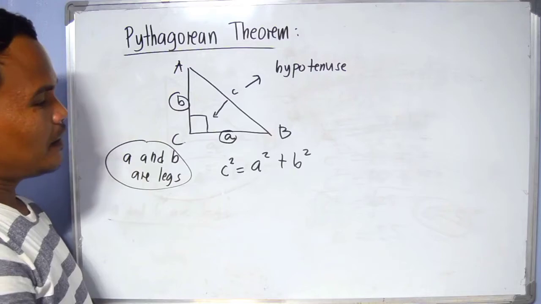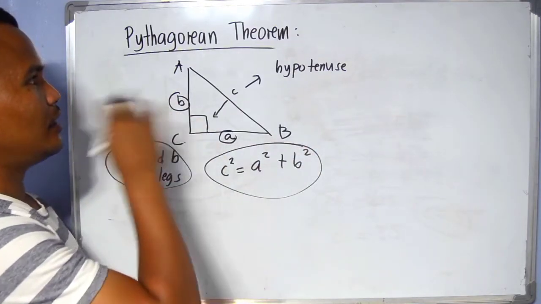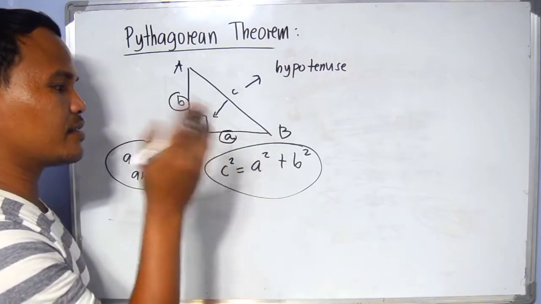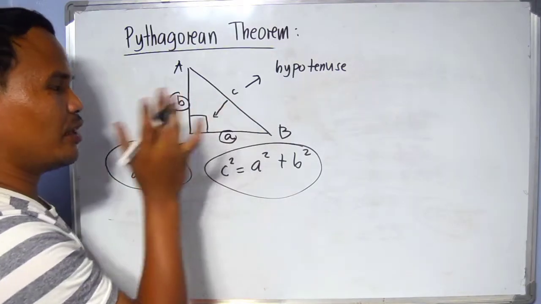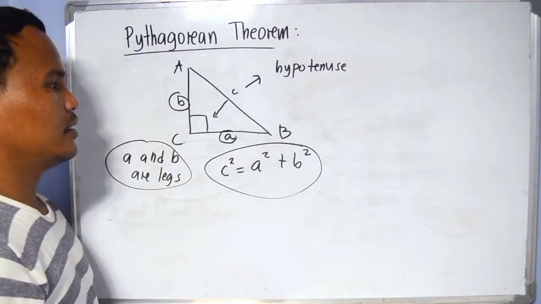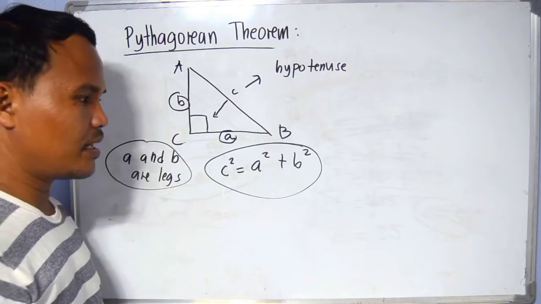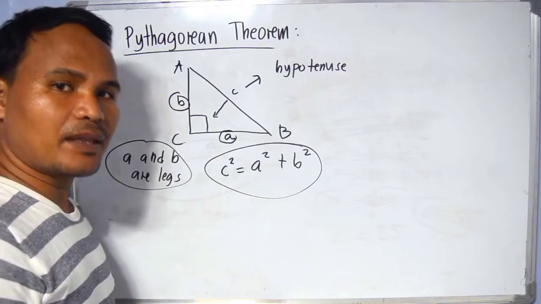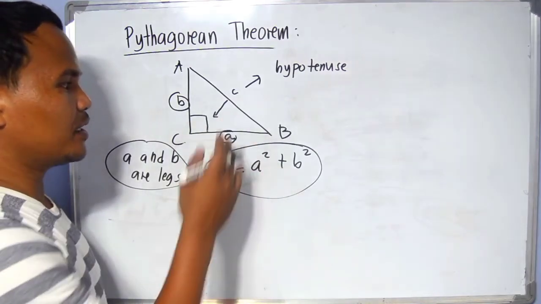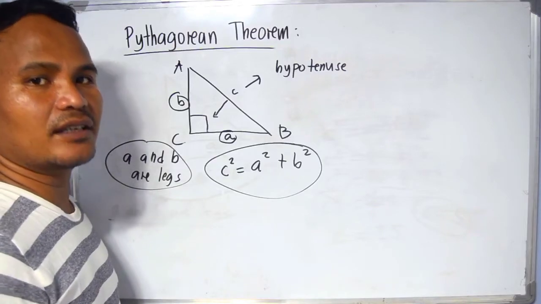Now again, this formula is only used if we are going to find the measure of one side of a right triangle. If two sides are missing, we cannot use the Pythagorean theorem, especially when the triangle is not an isosceles right triangle.